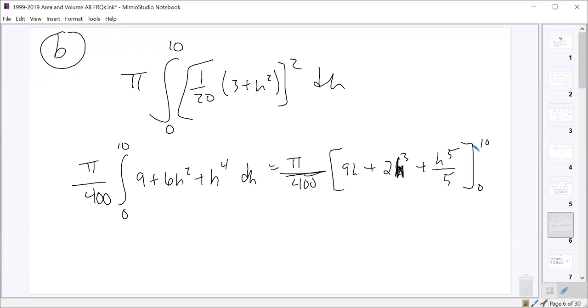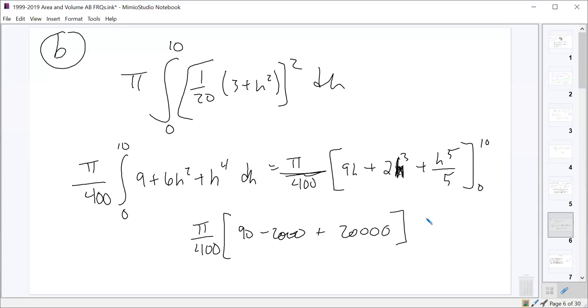Okay. So what does that give us? Pi over 400 times 90 plus 2000 plus, what does that come out to be? 20,000. 100,000 divided by 5. And it's all minus 0 at the end.